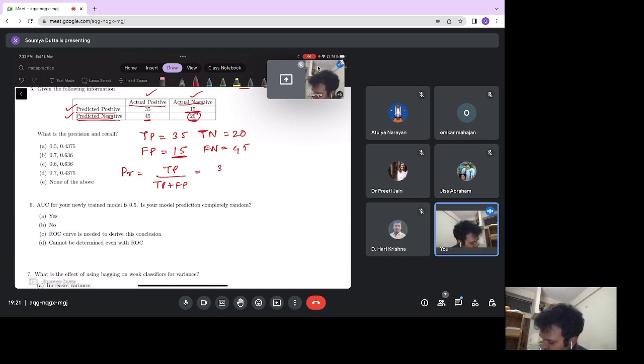So that would be given by 35 by 35 plus 15, which is 35 by 50, which is 0.7. And recall is out of all the things that were positive in your data set, how much you could classify to be positive. So the denominator would be true positive plus false negative, because these are the total number of positives that were actually there in the data set.